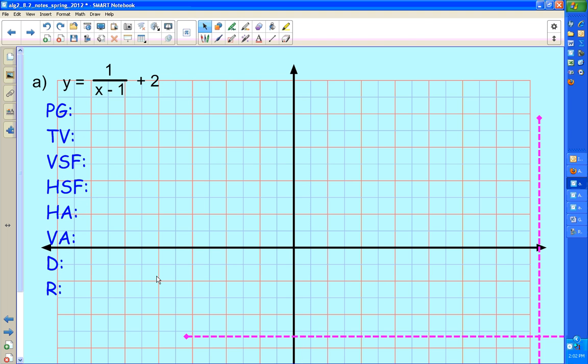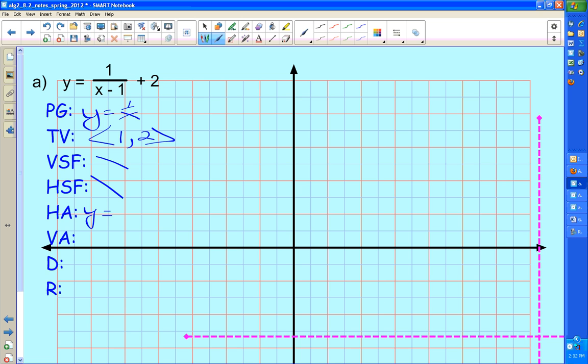What's the parent graph? Y equals 1/x. Now be careful on the translation vector on this one. 1, 2. Take the opposite of what's with the x. 1, comma 2. No vertical stretch factor, no horizontal stretch factor. Now, what's the horizontal asymptote? Y equals 2.